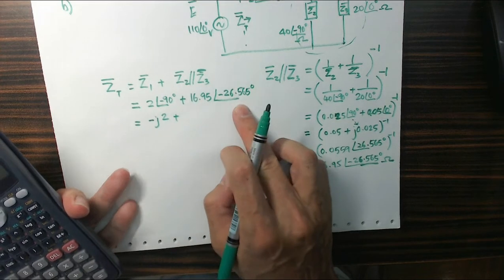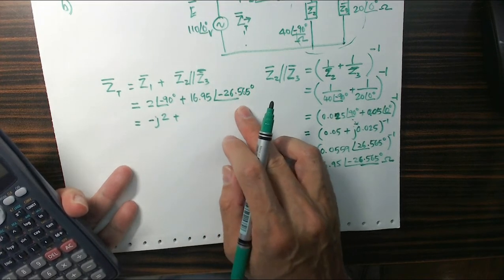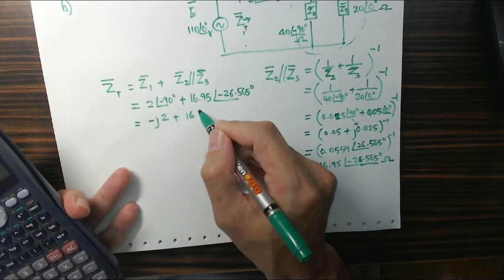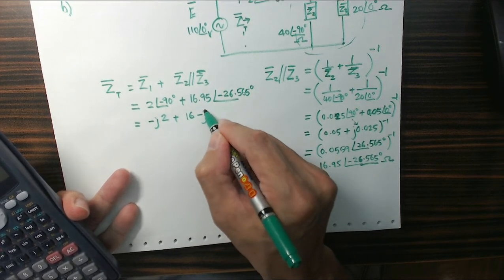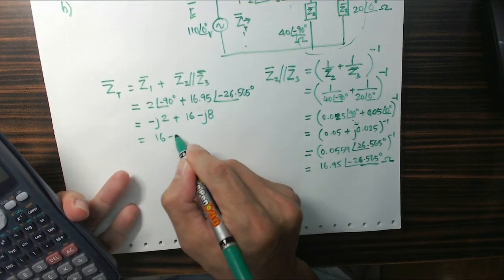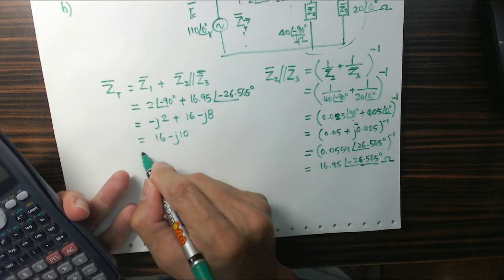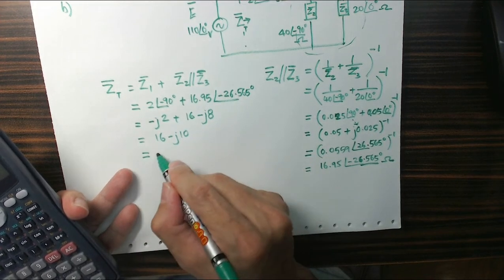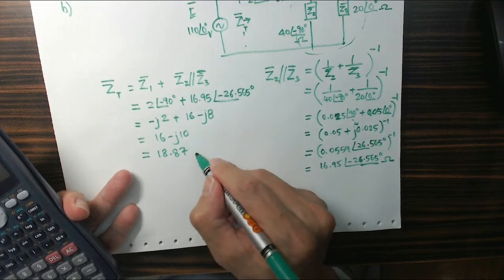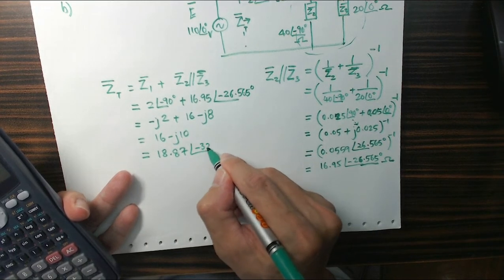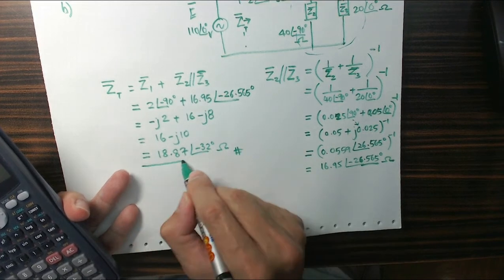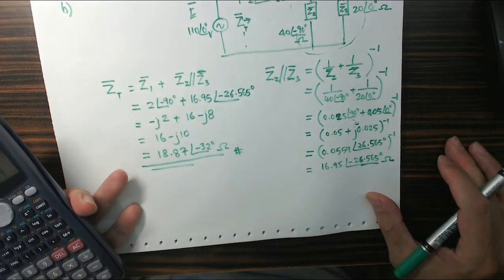Converting the other into rectangular format, I should get about 16 minus j8. That gives me 16 minus j10. Convert this back to polar form, the angle should be minus 32 degrees. So that is the total impedance for this circuit.